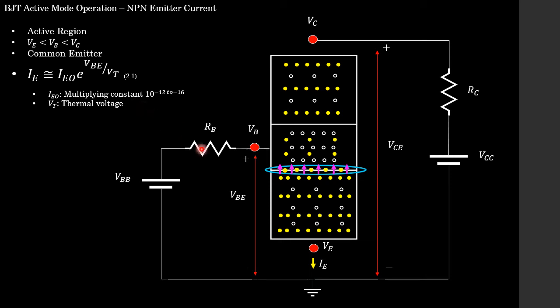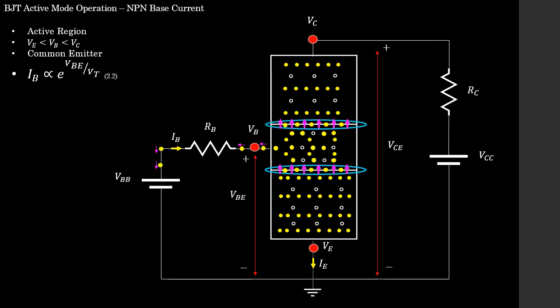All right, back to our circuit. We said that these free electrons are moving across the PN junction between the emitter and the base region. So they're going to obviously end up in the base region, and then some more stuff is going to happen to it. Let's see what that stuff is. Aha, so here we can see what that stuff is. So these electrons move from the emitter into the base region, and once they're in the base region, there's obviously going to be some holes present in our base region, because we know that the holes are the majority carriers in our base region because it is a p-type semiconductor material.